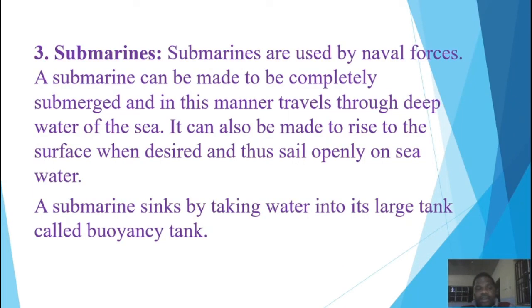Okay, now number three application, we'll talk about submarines. Submarines are used by naval forces. The submarines can be made to completely submerge, in this manner it will travel through deep water of the sea.